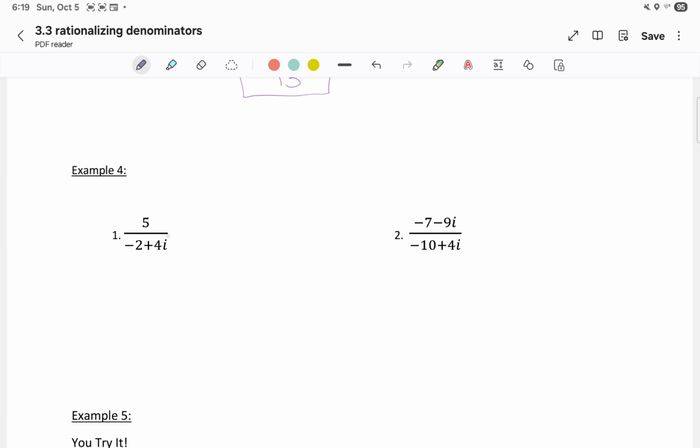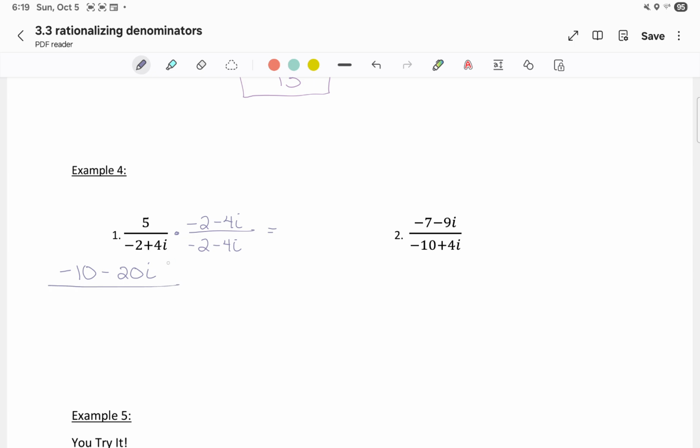So on example 4, we have 5 over negative 2 plus 4i. So we have negative 2 minus 4i over negative 2 minus 4i for those conjugates. And so when we multiply, this is going to give us a negative 10 minus 20i.